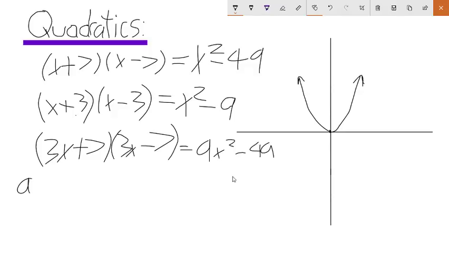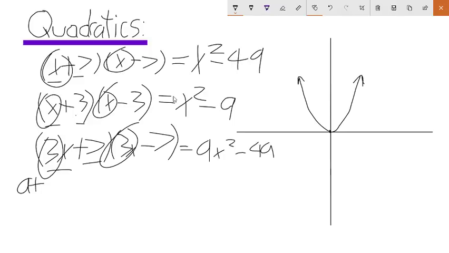Let's say this first term right here is a, and the second term right here is b, because we have the same terms here and here, and here and here. So we can do a plus b, because all of these are pluses, and then times a minus b, because all of these here are minuses, or subtractions.